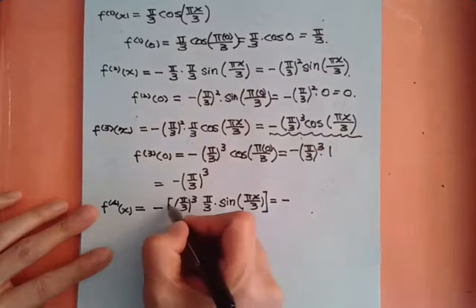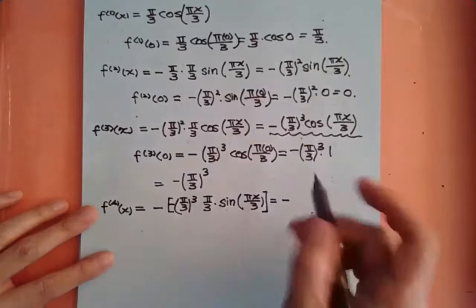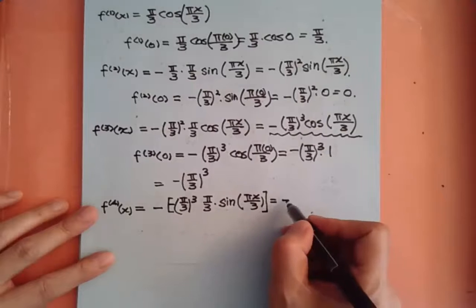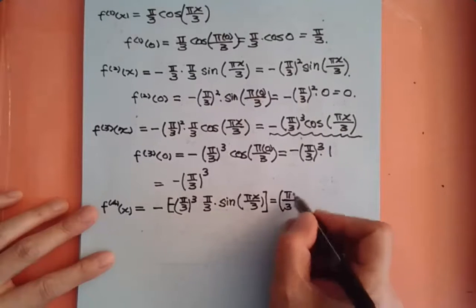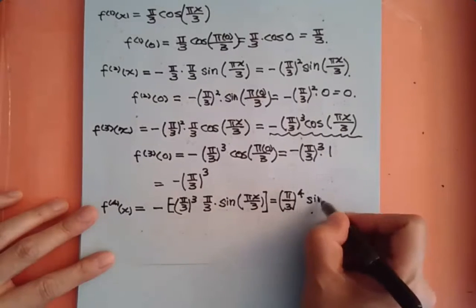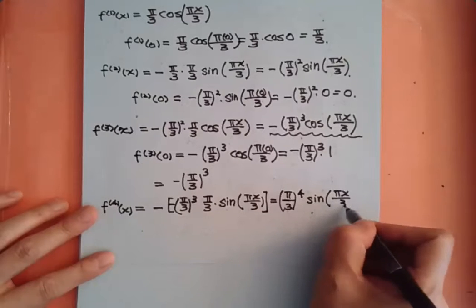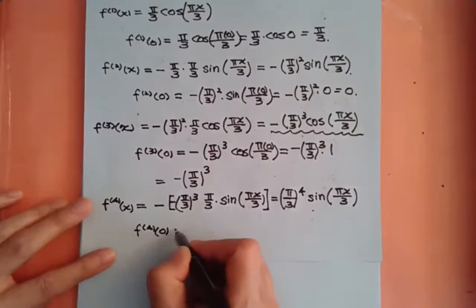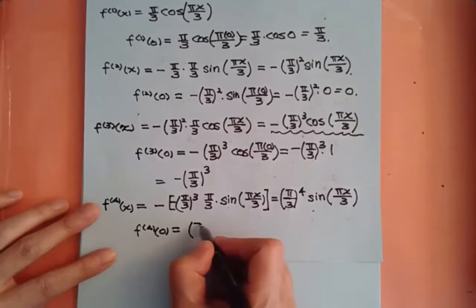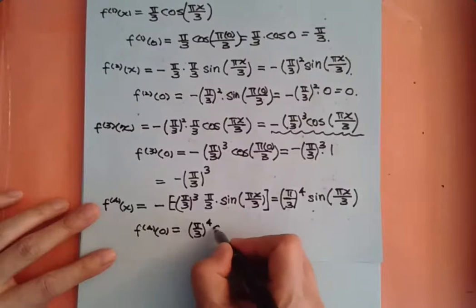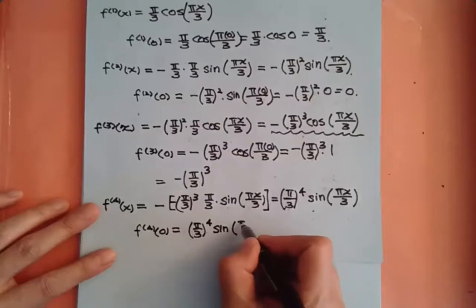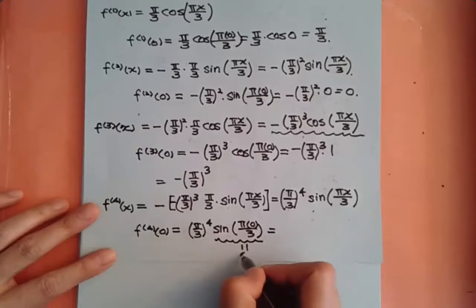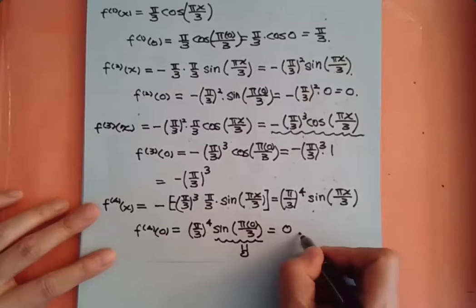We have to put minus here again, so the entire thing will be positive. So pi over 3 to the 4th power sine of pi x over 3. The fourth derivative at 0 equals pi over 3 to the 4th power sine of pi times 0 over 3. And this part equals 0, and so 0 times this one equals 0.